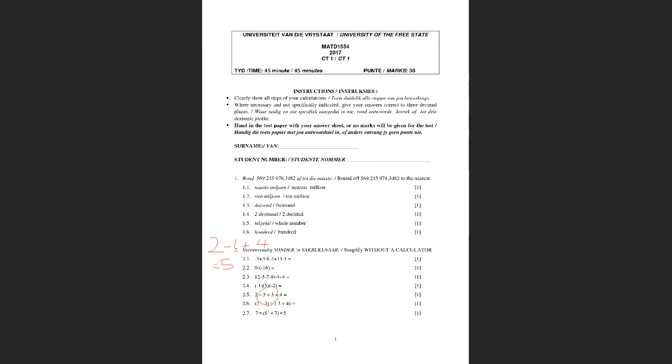Our next one, we have 2 minus 3 in brackets divided by 3 plus 4 in brackets. According to BODMAS, we do the ones in the brackets first.